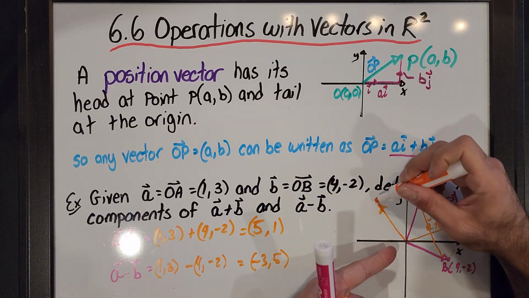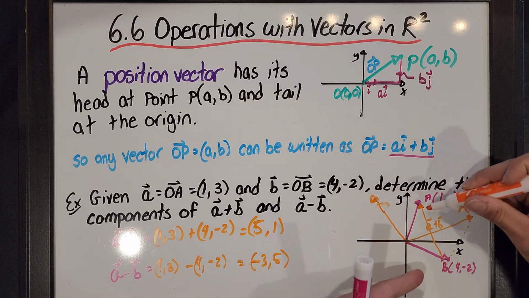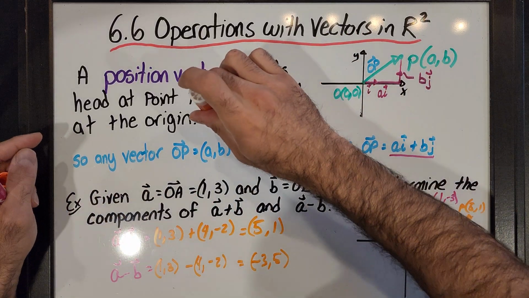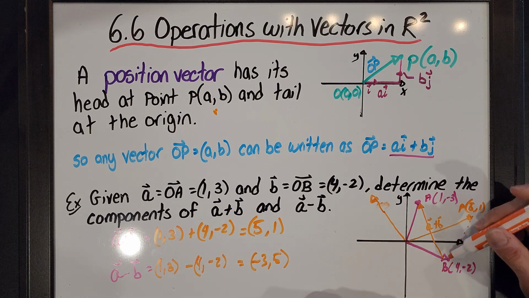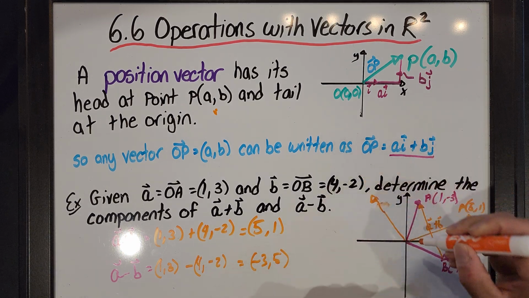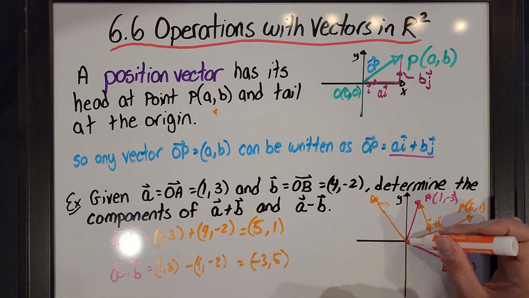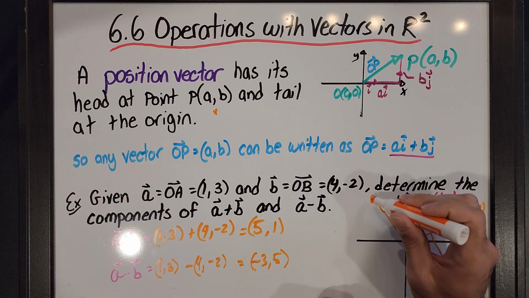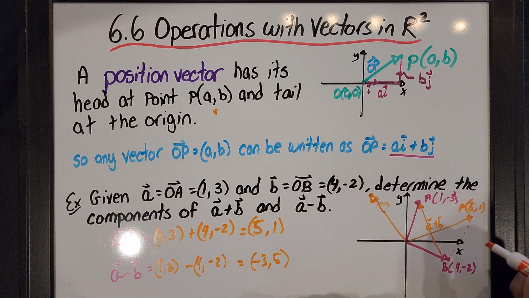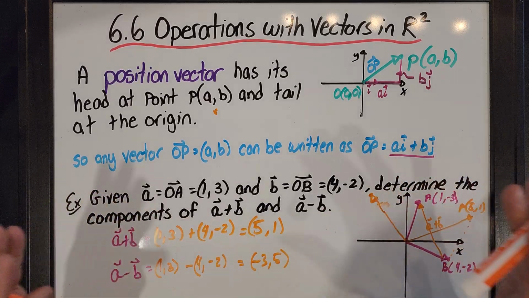Should be the same size, sorry. Okay, but we don't like its tail not at the origin. So what we do, when we subtract, we actually shift it to have its tail at the origin. And now it's the same vector, it's parallel, it's the same magnitude, just its tail is at the origin, and we have it with its head at that point, negative 3, 5. Okay, so adding and subtracting vectors algebraically is extremely simple.